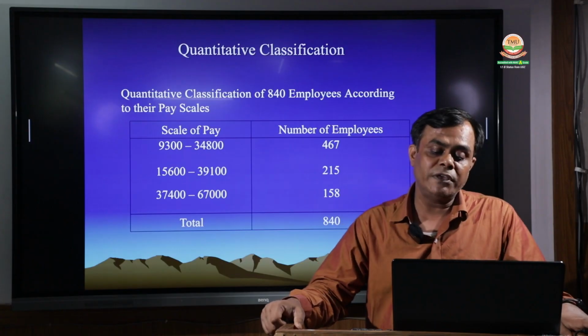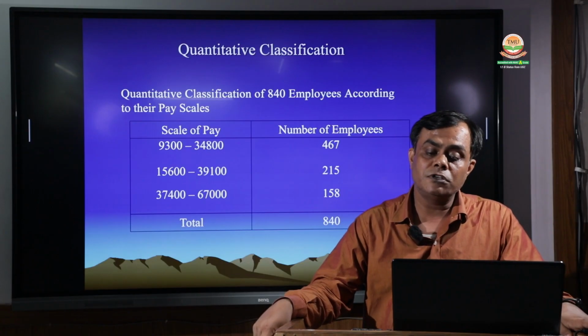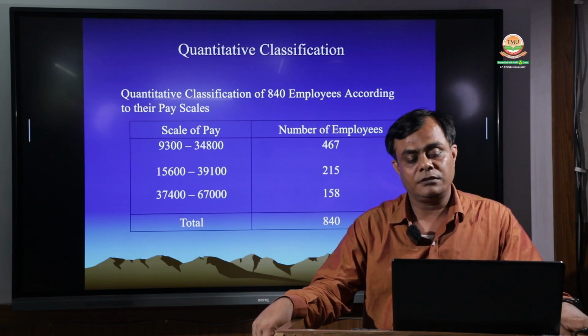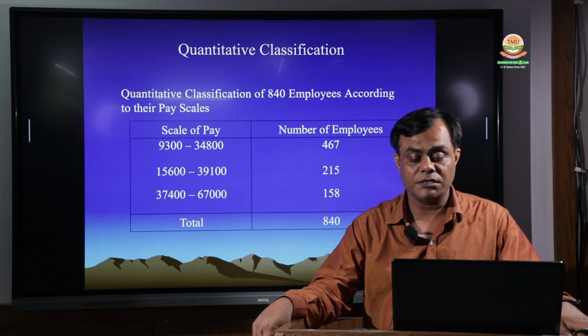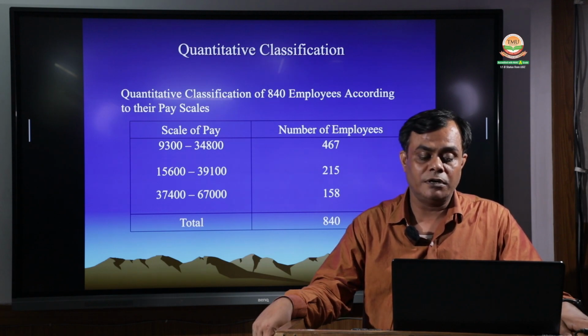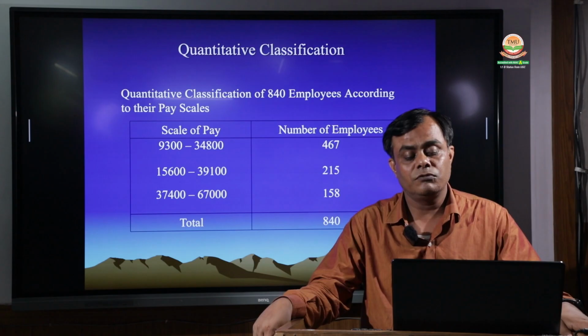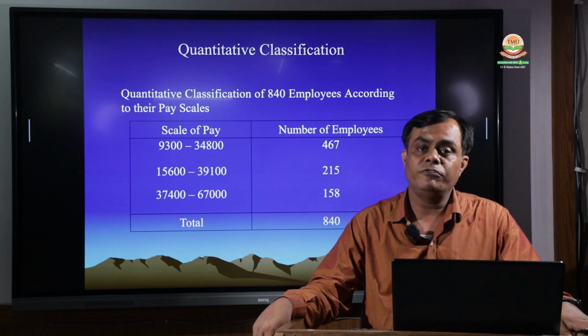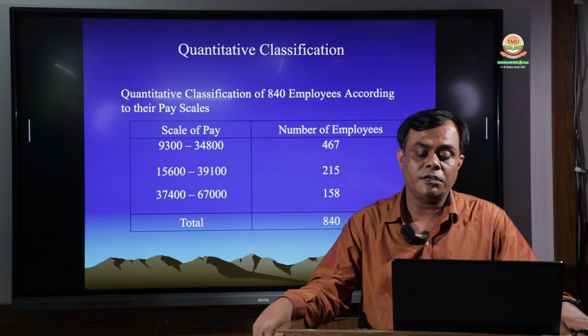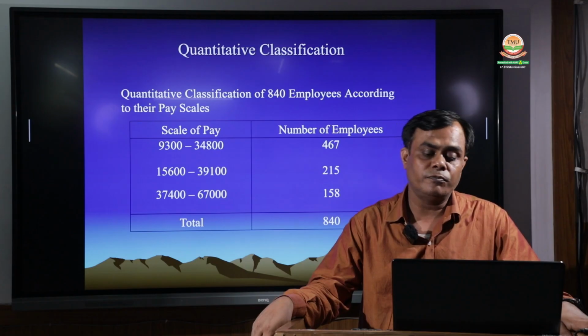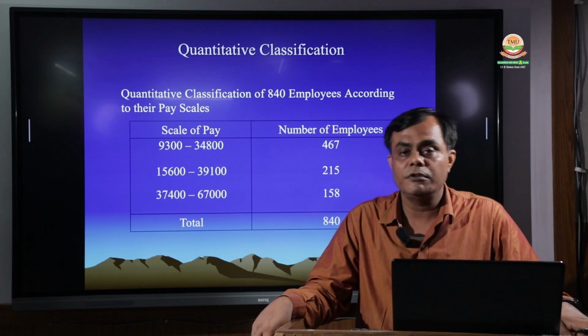So on the basis of that pay scale, out of 840 employees, 467 employees come under the scale of 9,300 to 34,800, and 250 employees come under the pay scale of 15,600 to 39,100, and just 158 employees out of 840, the pay band is 37,400 to 67,000.